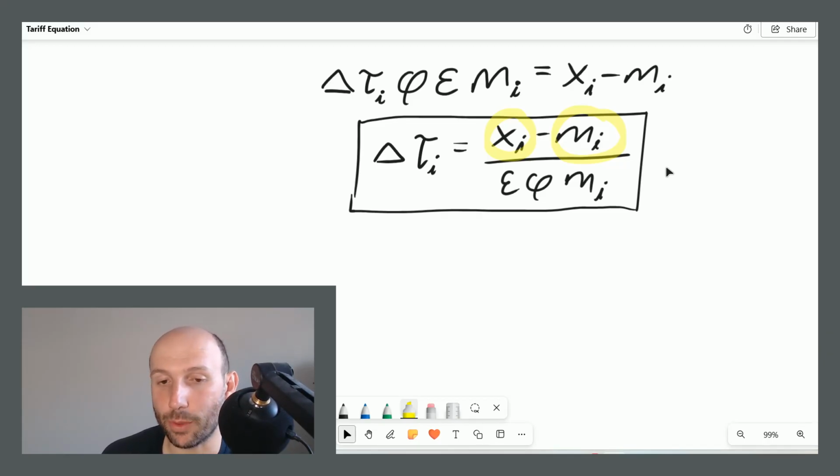So that's where this equation comes from, what it represents, how it's used, why it's called a reciprocal tariff, right? Because it's a tariff used to respond to whatever tariff-like mechanisms may exist towards the United States.